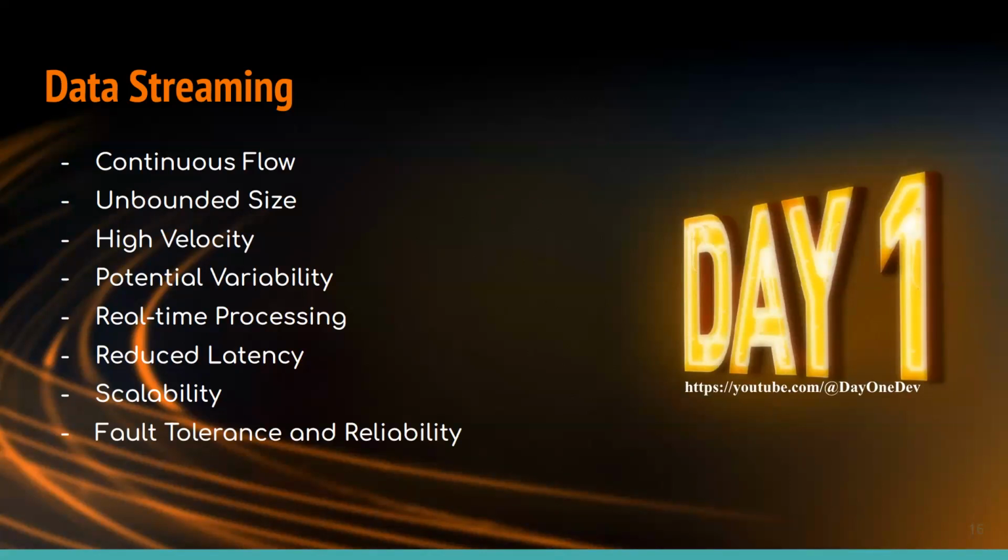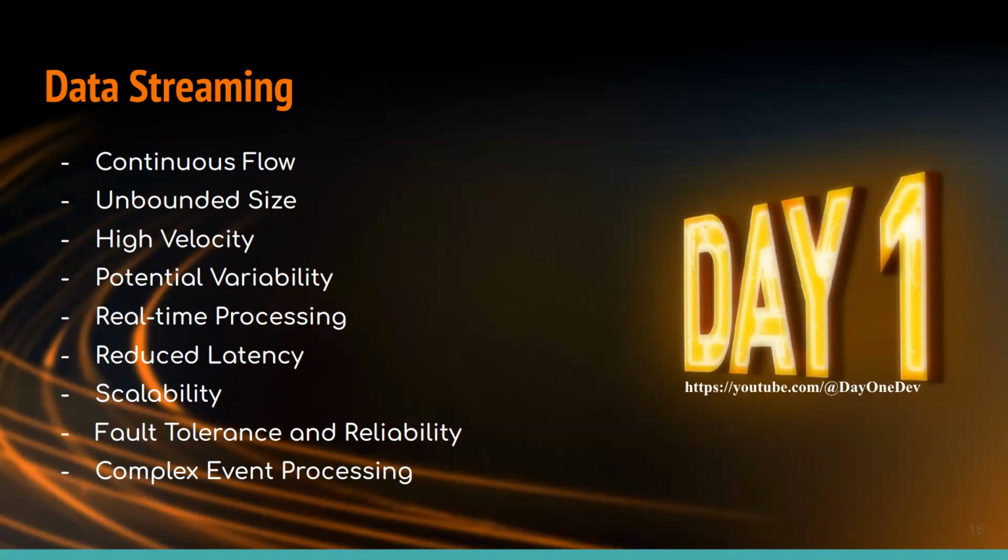By default, data streaming systems are built with fault tolerance in mind, ensuring continuous operation even if an individual node fails. And complex event processing, you might have heard terms like CEP, which is the abbreviation of complex event processing. Streaming systems often include capabilities for complex event processing, enabling the identification of patterns or correlations in the streaming data in real time.